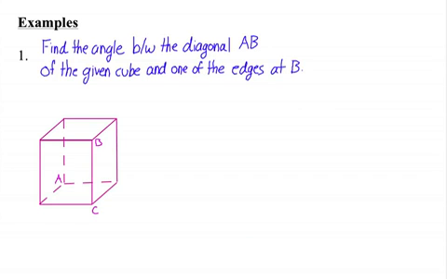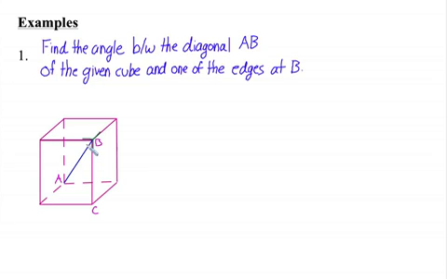In the first example, I'm given a basic cube shape, and I want to find the angle between the diagonal AB. So let's draw that diagonal. Try to picture this in three-dimensional space. I want to find the angle between AB and one of the edges at B. Now, it actually doesn't matter which edge I choose at B. If you can imagine this in three-dimensional space, all of the angles between those edges and the line AB would actually be the same.